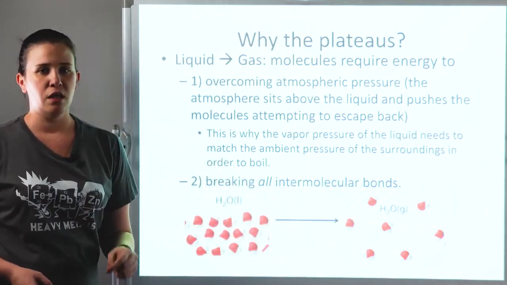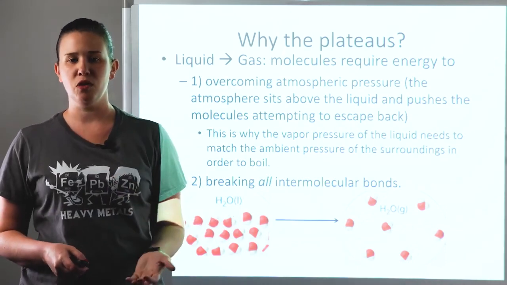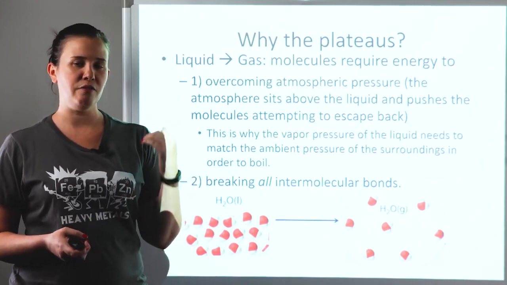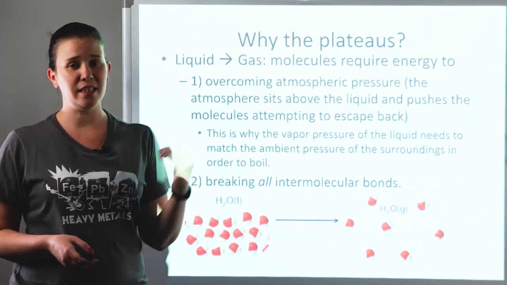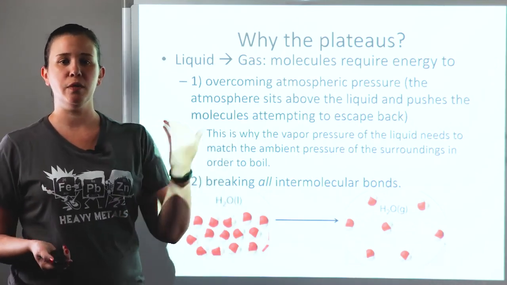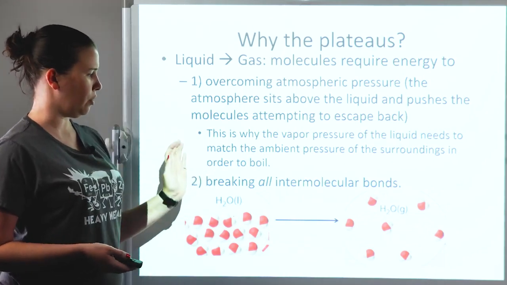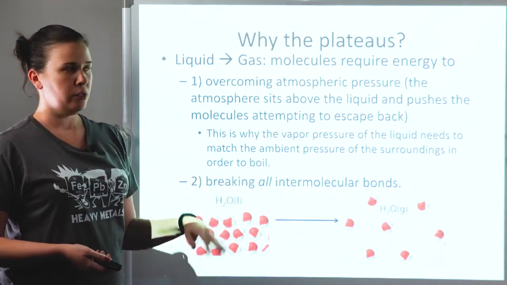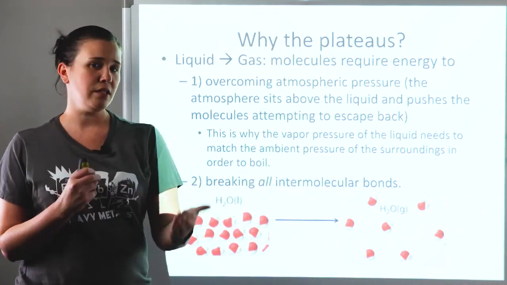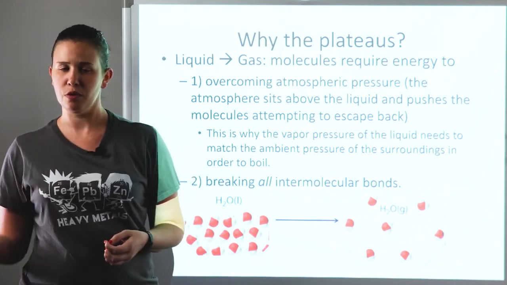But the other thing is, in order to become a gas, it also has to overcome the atmospheric pressure. You may remember the definition for boiling, that the vapor pressure has to at least equal the atmospheric pressure. Otherwise, the gas won't be able to escape. If the vapor pressure does not overcome the atmospheric pressure, you wouldn't get any boiling. So that's another reason why we need to make sure the particles are moving fast enough, because you may also remember vapor pressure is temperature dependent.